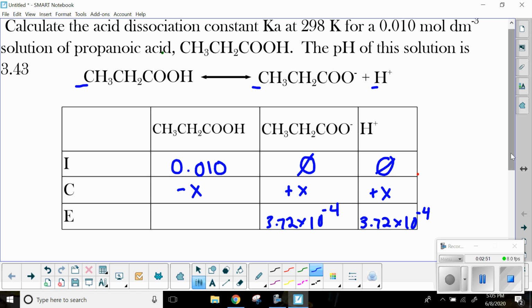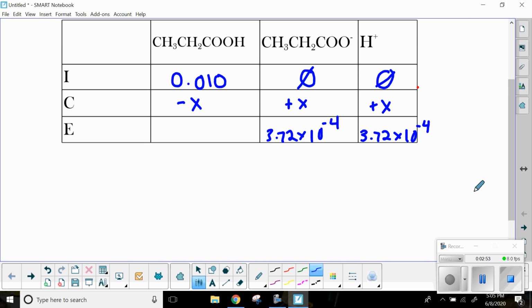So I can clearly see what X has to equal here. X has to equal 3.72 times 10 to the negative fourth, because I've got 0 plus X equals this.